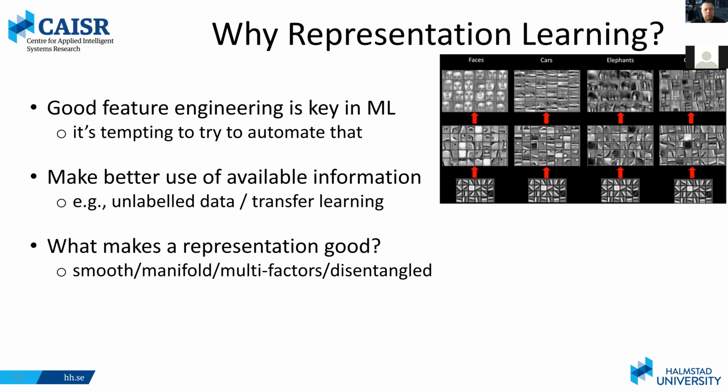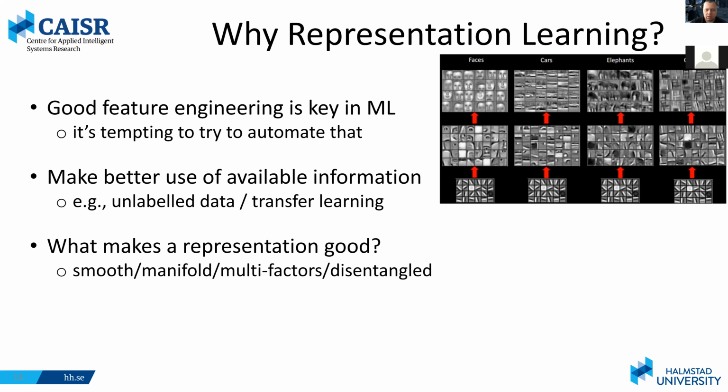And there is a lot of research on this in various areas, and there are those properties. You want it to be smooth, you want it to lie on a manifold, you want it to explain multiple factors. There is a lot of really interesting research on these disentangled representations, which basically allow you to combine different aspects and create those kinds of fancy images and so on.